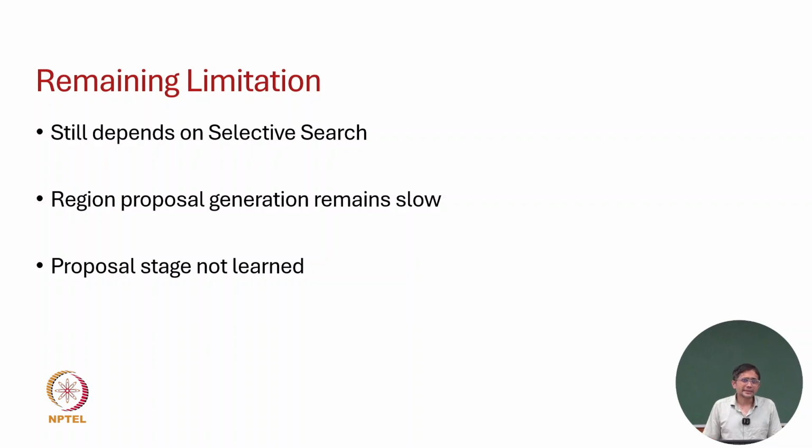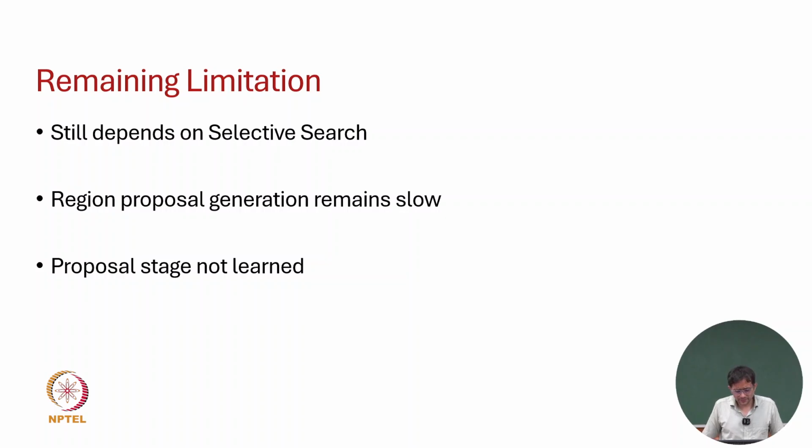So now let us think, did we entirely solve all the limitations related to Fast RCNN or related to the RCNN family? Till now we started with some limitations with RCNN and we have now solved a few of the issues for sure, but did we solve all the issues? We did not, right? The proposal stage is still not learned.